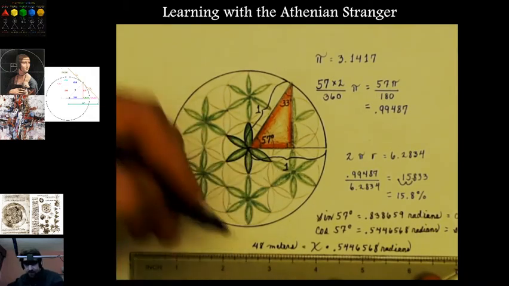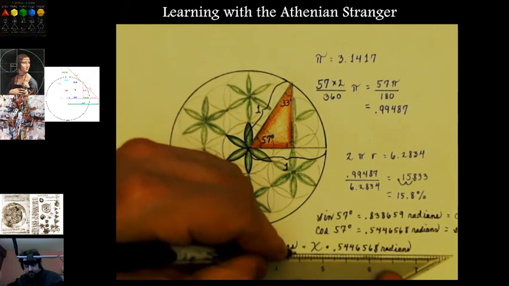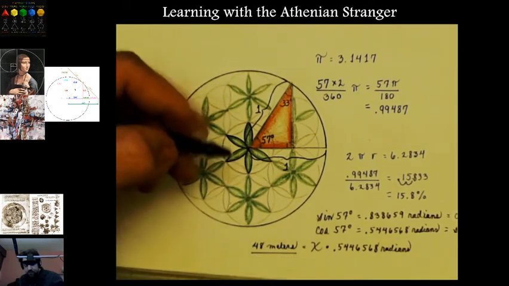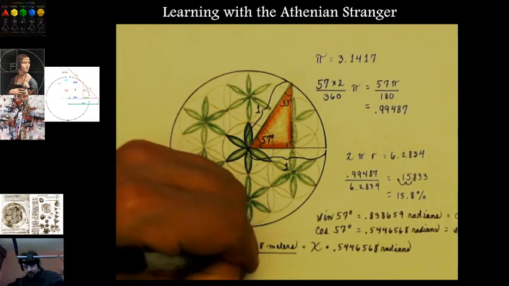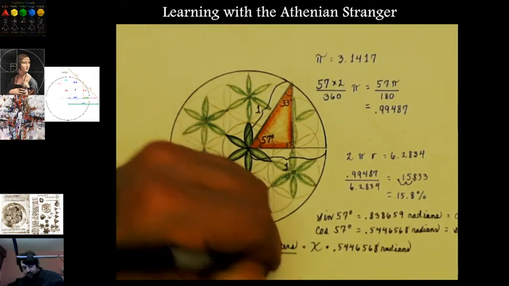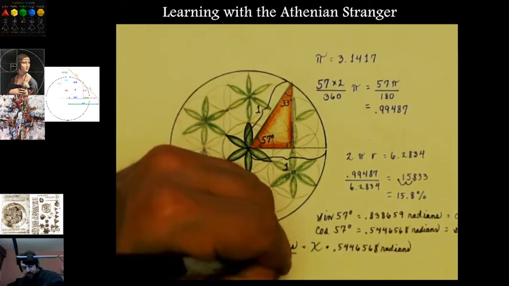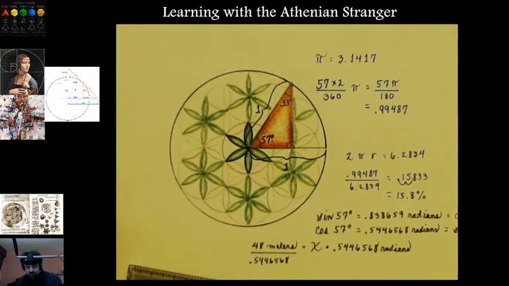So in order to find x, I just divide by that radian measurement for the cosine of 57 or the sine of 33. So I'll just divide by 0.544658, and that will equal x.